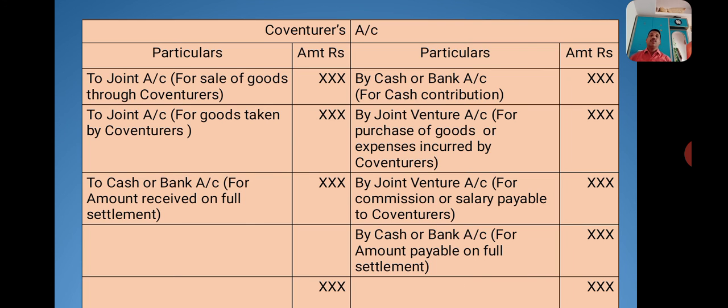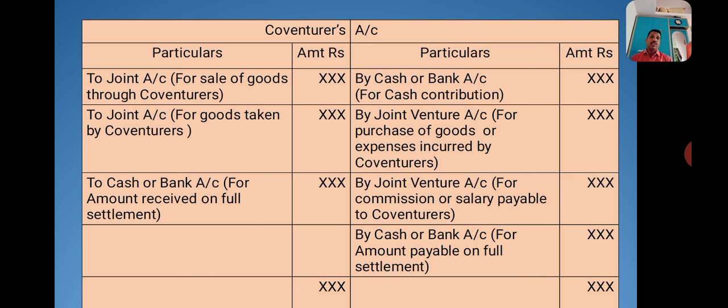And then co-ventures account. Okay, have a glance at the specimen of co-ventures account. Here the co-ventures account is debited with sale proceeds, that means for sale of goods through co-ventures to joint venture account. And then to joint venture account once again for goods taken over by the co-ventures.